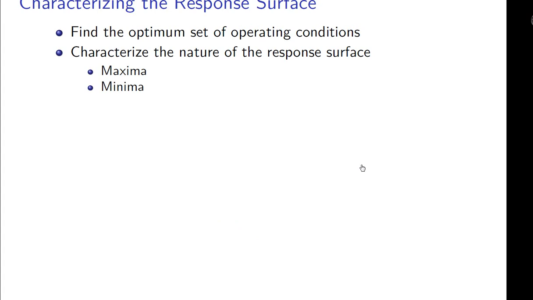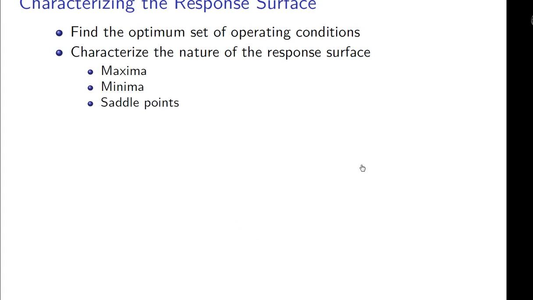So again, you start with the central composite design, estimate the coefficients of the model, the second order surface as you saw. That gives you the characterization, which you might see graphically through the contour plots and or through the eigenvalue, eigenvector analysis, and that will lead you to the maximum or minimum.